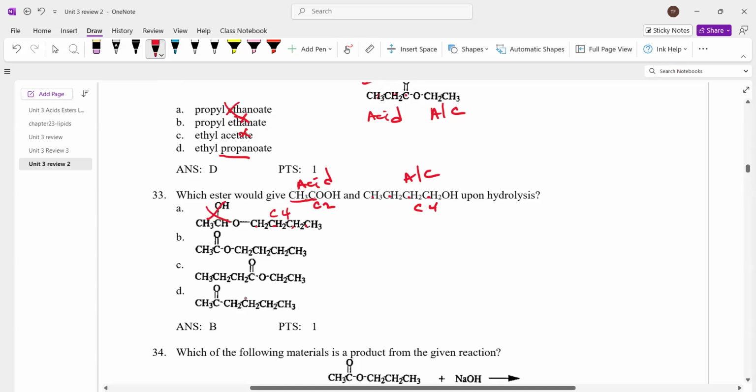Got to start with the acid end here. Okay, so we have 1, 2, 3, 4. That works. And we have a 2 carbon acid, so that actually would work. Here we have a 2 carbon alcohol. We want a 4 carbon alcohol. And this is a ketone, so that's not going to work at all. So the only one that's even feasible is B.